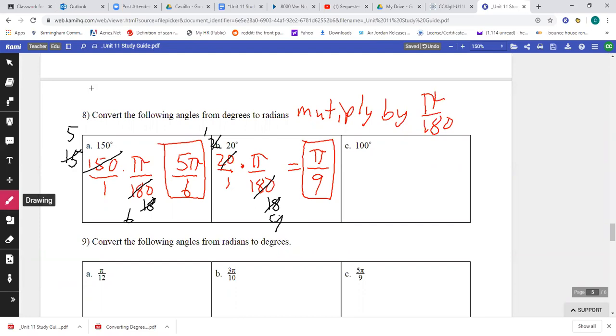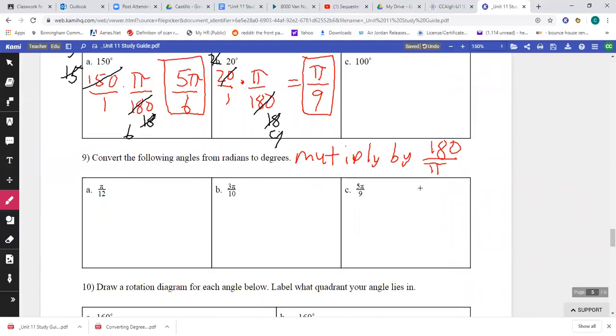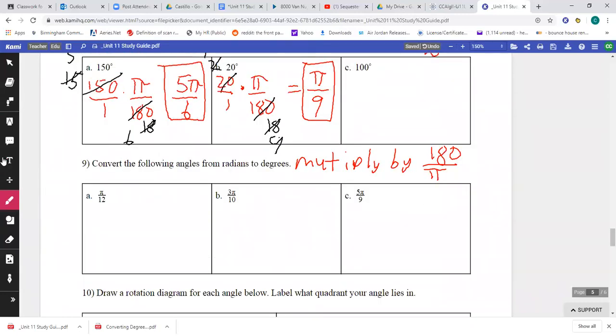So if we're going from radians to degrees, you just multiply by 180 over pi. So remember how to do this.